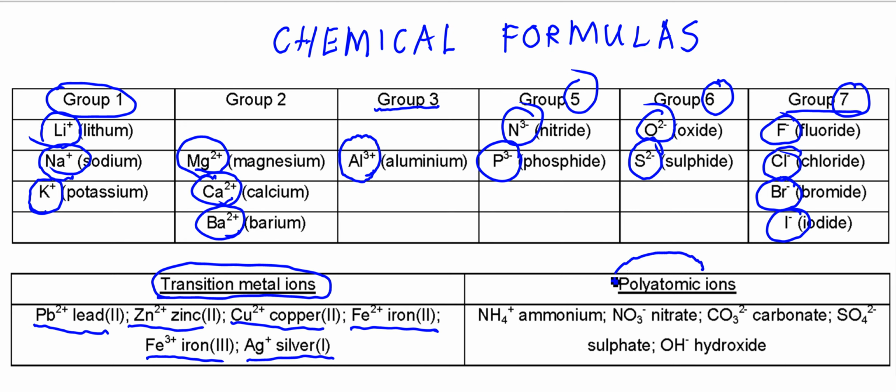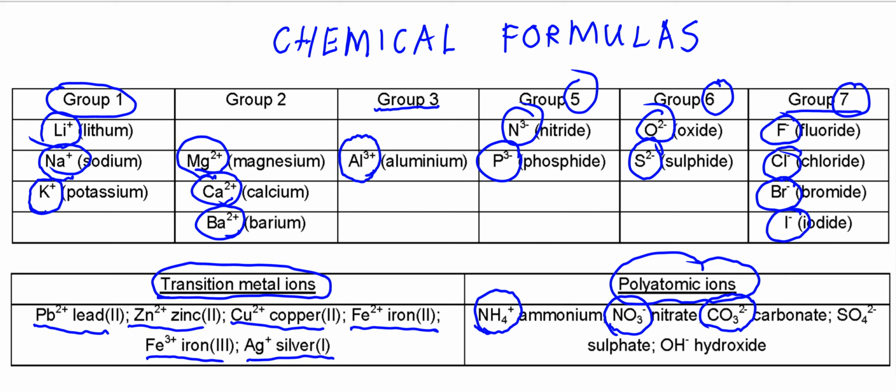Let's now move on to the polyatomic ions. These are usually non-metallic ions. First example is the ammonium ion. We have to remember ammonium ion as being NH4+. Next, we have to remember the nitrate ion as being NO3-. Then the carbonate ion as being CO3 2-.